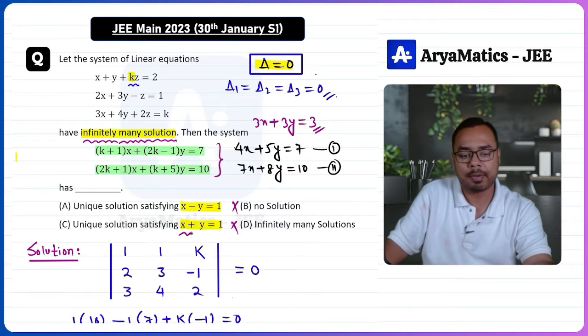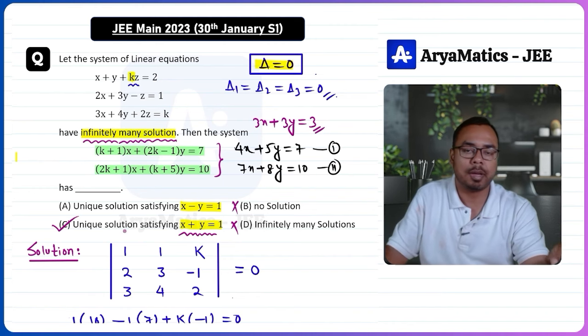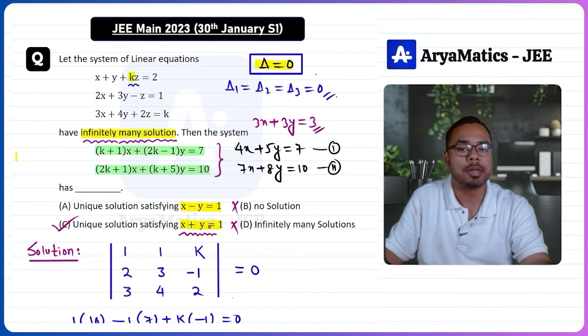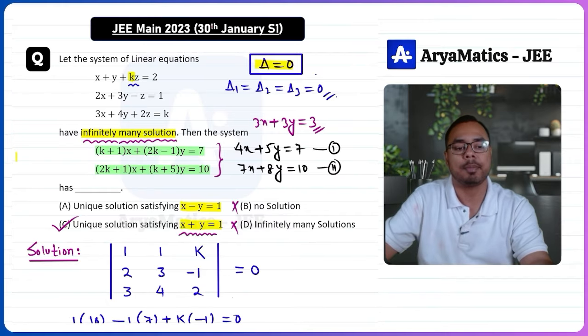Divide by 3, and then we have this option, x plus y equals 1. So this system of linear equations will have a unique solution satisfying this condition, x plus y equals 1. That means the sum of the solution, that x plus y, will be 1, right?